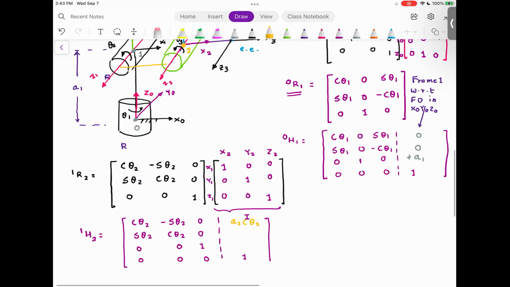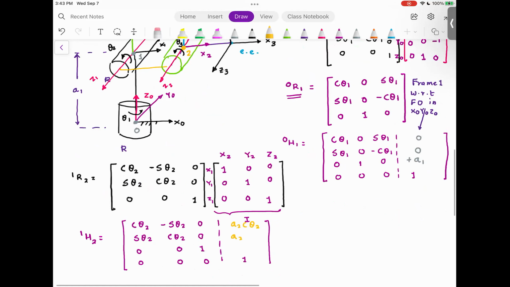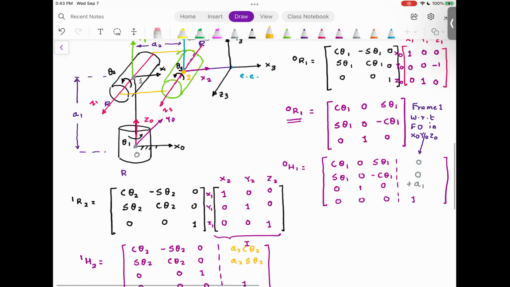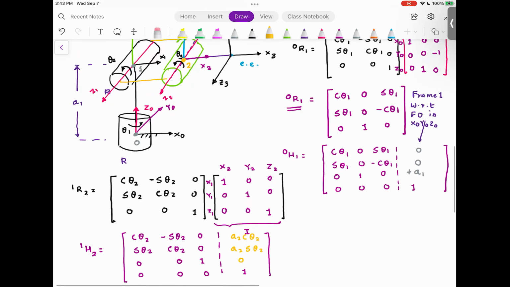Why? Because in this kinematic diagram, I have shown my theta 2 is equal to 0. That's why the distance is a2. But theta 2 could be 10 degrees, 15 degrees, 20 degrees, 100 degrees, 180 degrees. So next is going to be a2 sine theta 2. And there is no z difference, so 0. Are you with me so far?